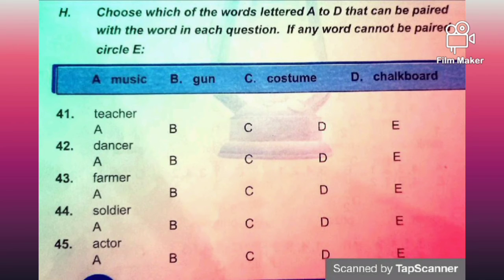Finally, we have: choose which of the words lettered A to D that can be paired with the word in each question. If any word cannot be paired, circle E. Now we have option A, music, B, gun, C, costume, D, chalkboard. So now the 41 says teacher.